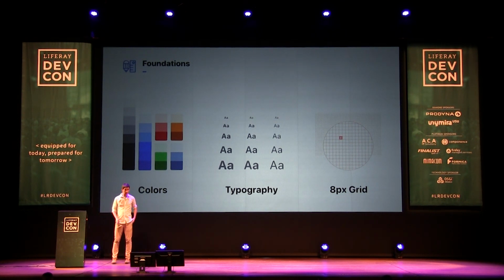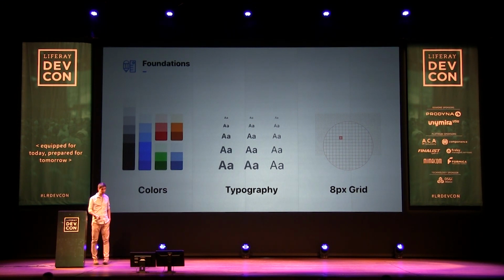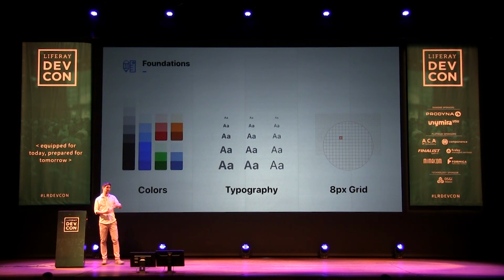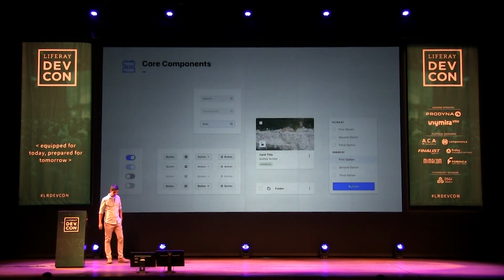Same with the colors. And also with the grid. We have a standard grid of 8 pixels that works really well, and it's basically a standard, but you could change to 6 pixels, 10 pixels, 12, whatever you want, and it will be displayed immediately in your portals, let's say.